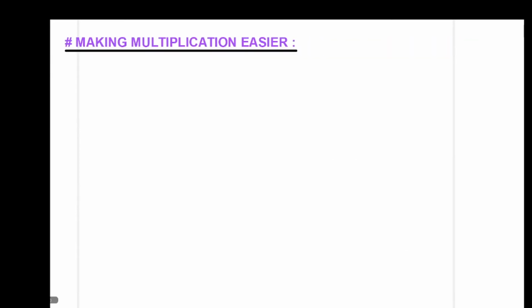Next, making multiplication easier. There are some rules or processes that make some questions easy. Now we know that 2 into 5 is 10. Suppose you have to multiply 4 with 10, you can easily find 40.